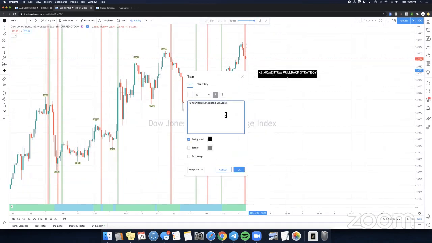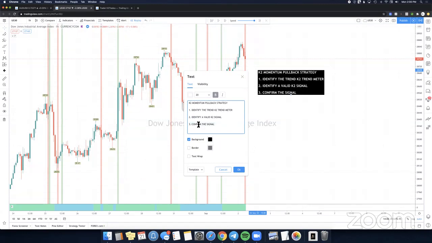But I'll show you the strategy right here. So basically, first you're going to identify the trend using the K2 trend meter. And then next you're going to identify a valid K2 signal.